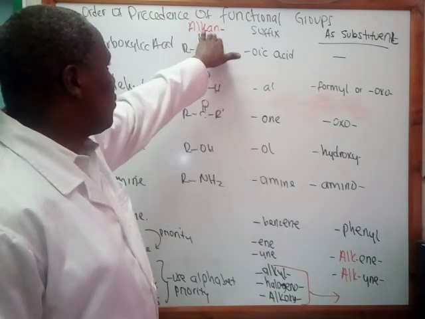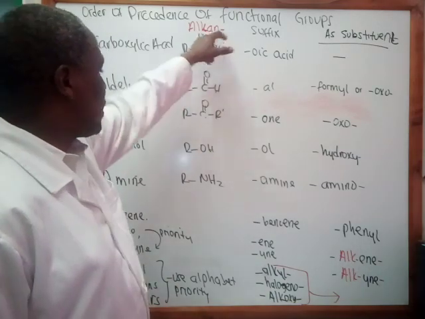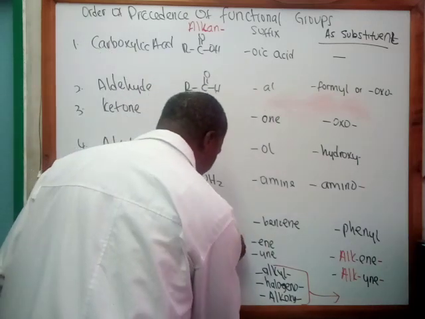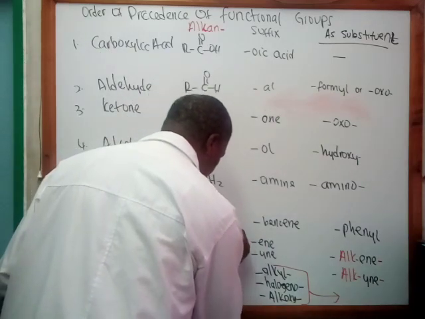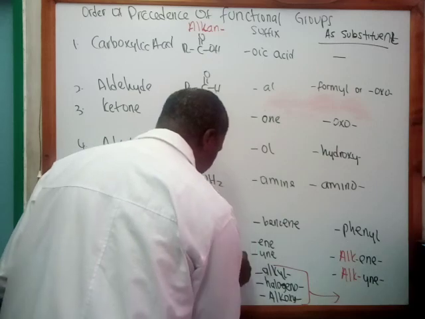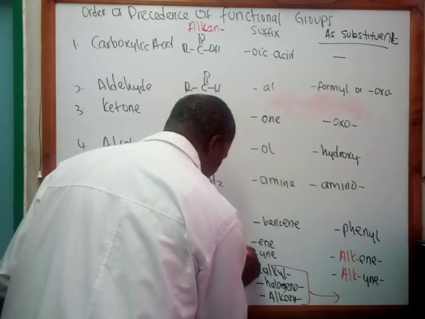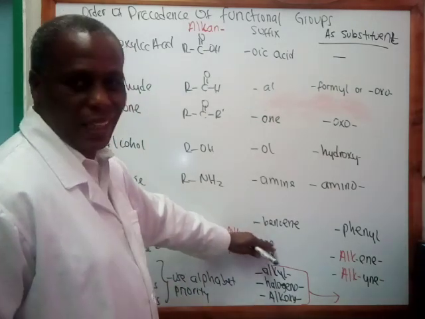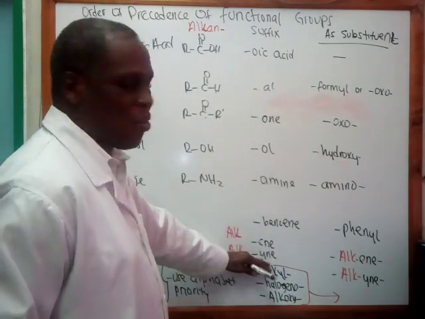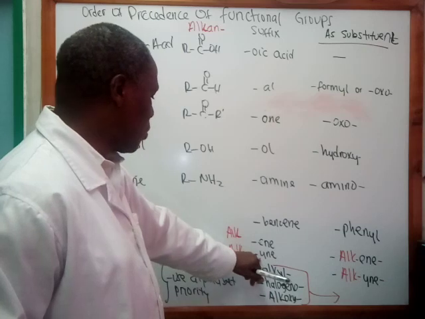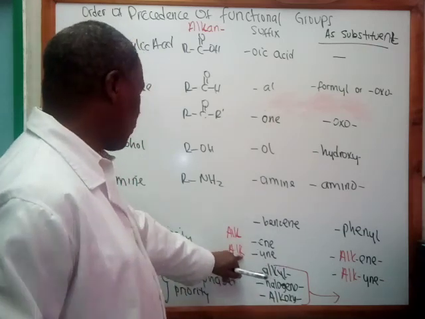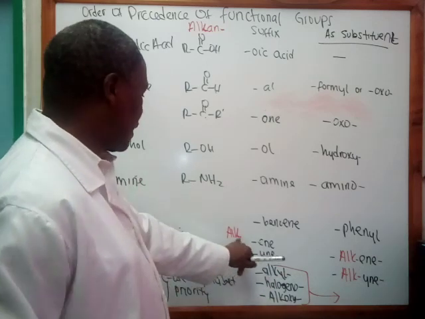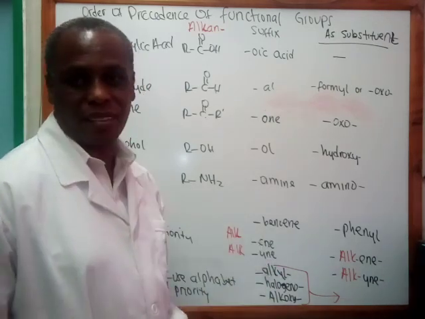What you're going to have is, rather than an alkyne, I'm going to use the word alk, so the name will be alkene, alkyne. It tells you there is a triple bond or a double bond. If it's a triple bond, the name will end with YNE. If it's a double bond, it will end with ENE.